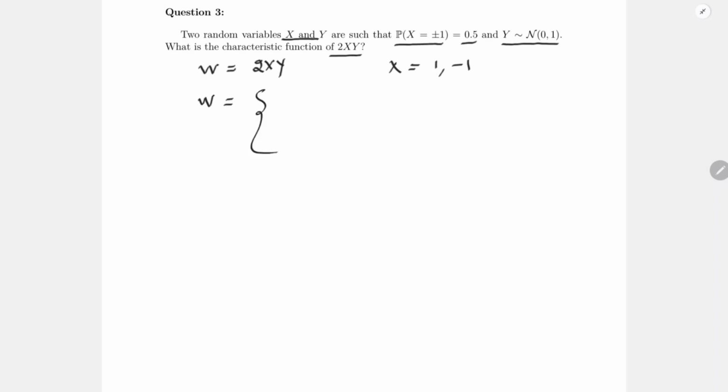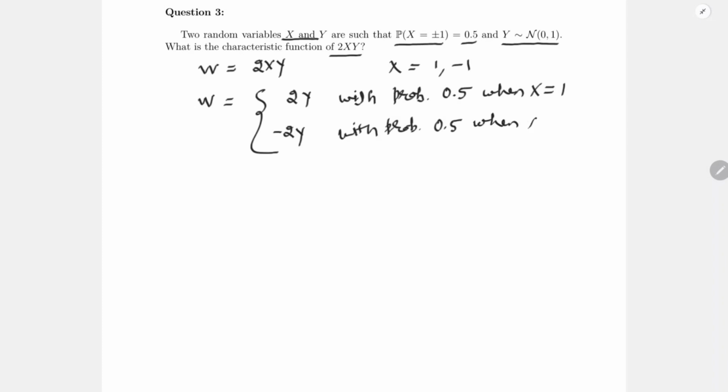W will be 2Y with probability 0.5 and minus 2Y with probability 0.5. This is when X takes the value positive 1, and this is when X takes the value negative 1. So we have a split function W here.